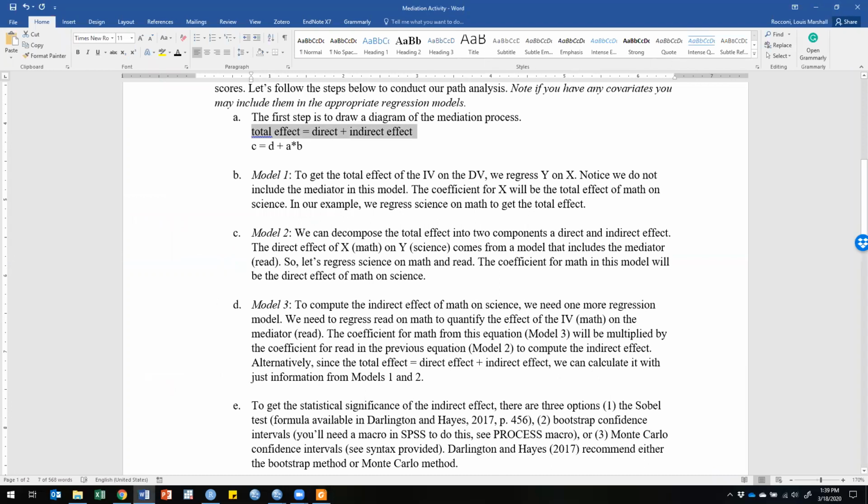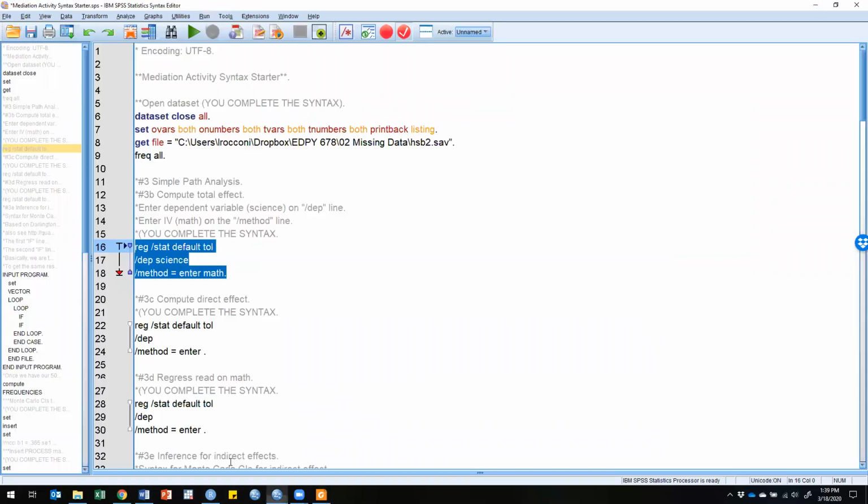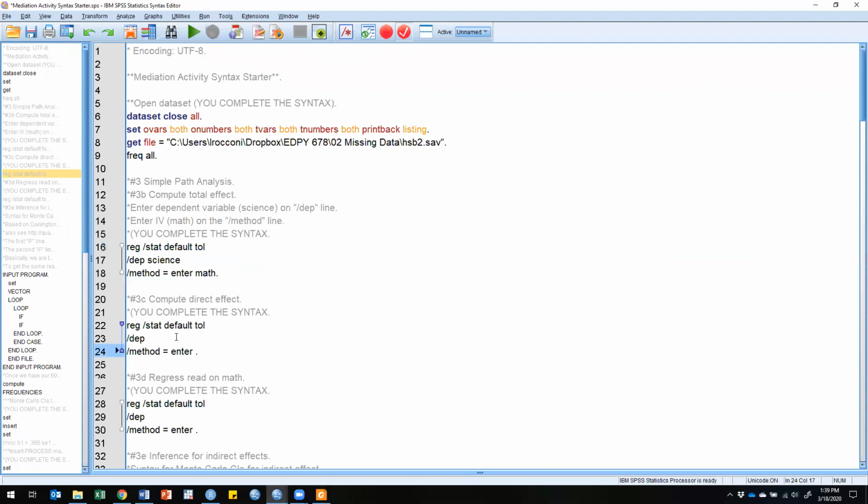So let's go to our syntax. Now we want to compute the direct effect. Our dependent variable is still science. This time we want to enter both math scores and reading scores in the model.